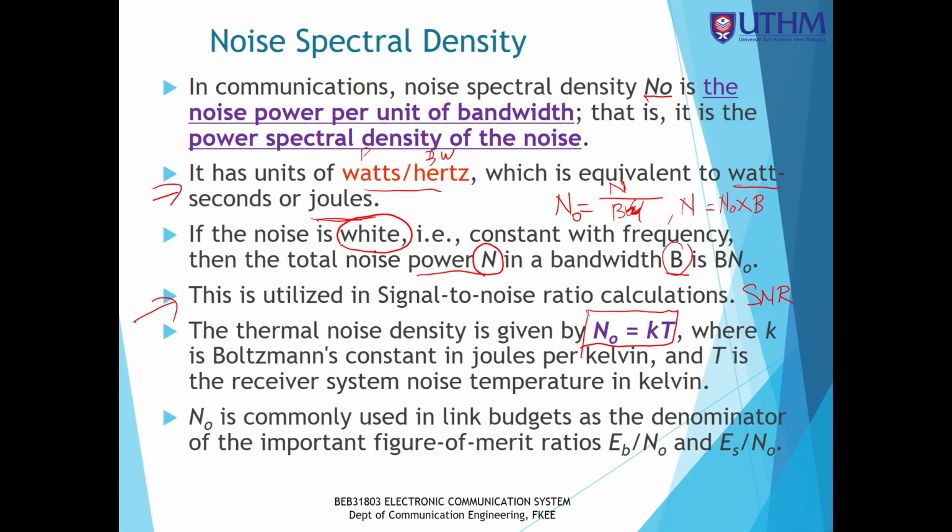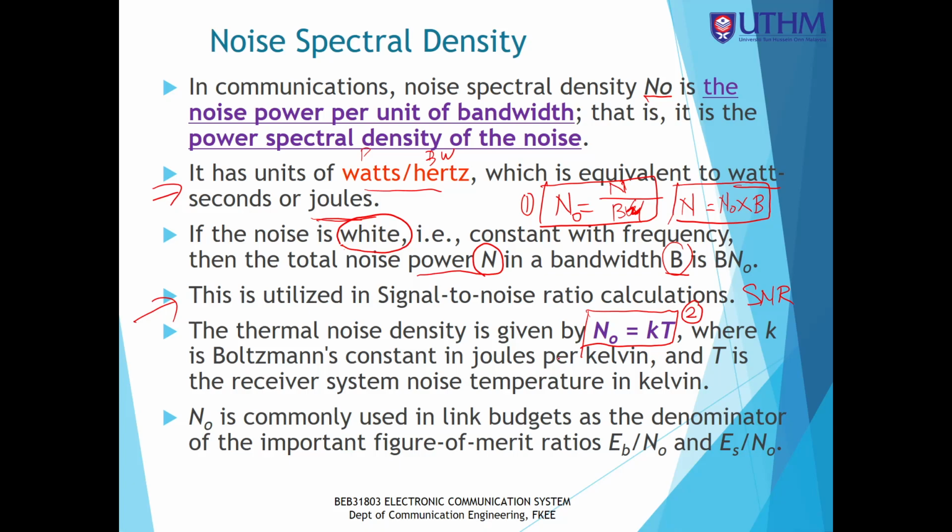Either you write N0 equal to N divided by B, or you can write N0 equal to KT. So not only one equation, there are two equations for the noise power spectral density.